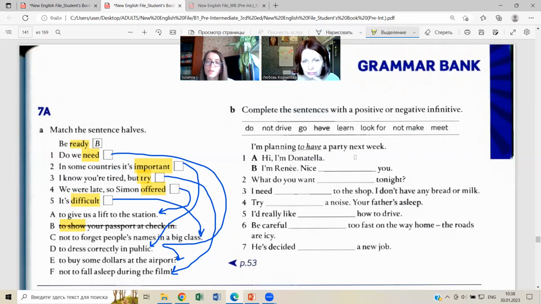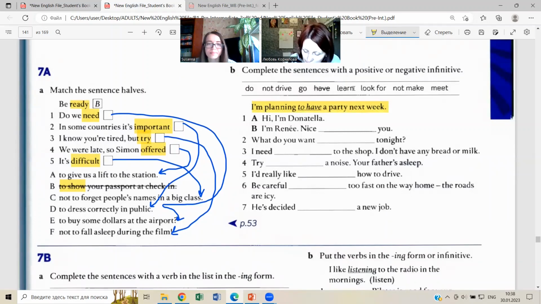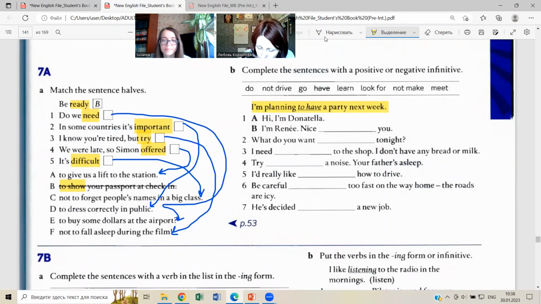So part B. Complete the sentences with a positive or negative infinitive. Example, I'm planning to have a party next week. Hi, I'm Donatella. Nice to see you, to meet you. So this is for the first time, yes, to meet.